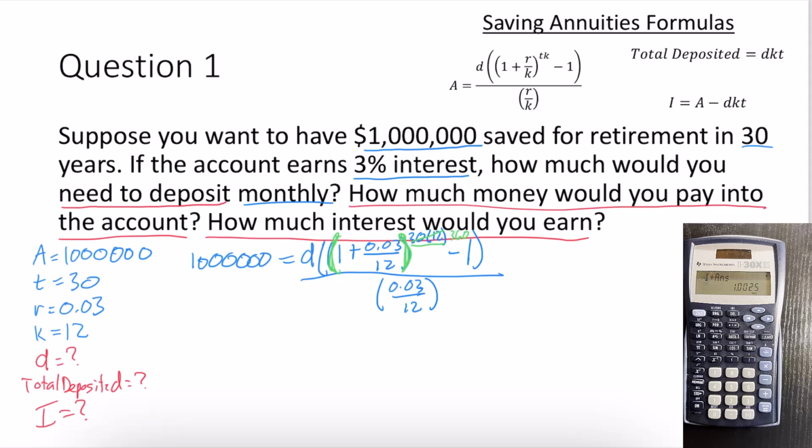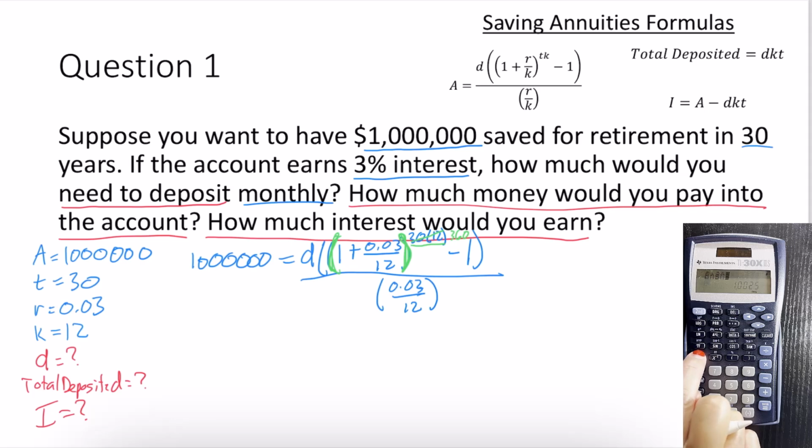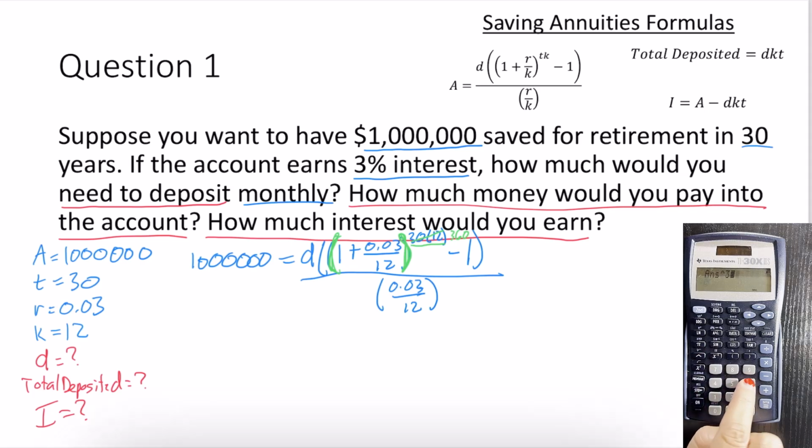Now I want to take that result and raise that to 360 in an exponent. So I'm going to click my exponent button and raise that to 360. And that is 2.456844 or 422, etc. And that part is this part of the equation so far.